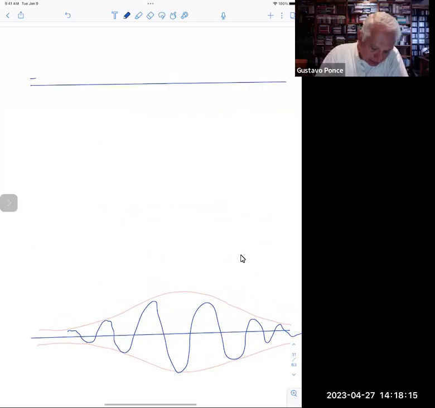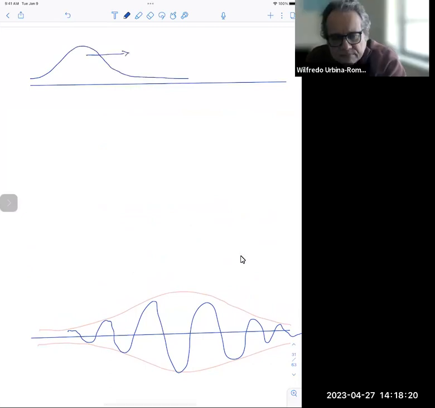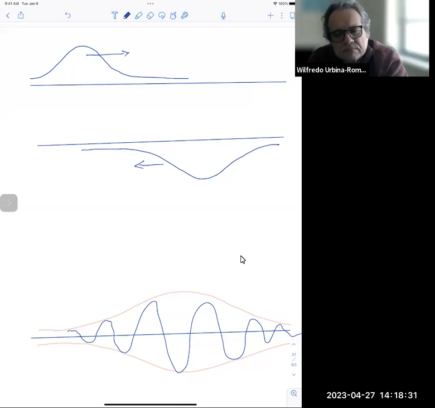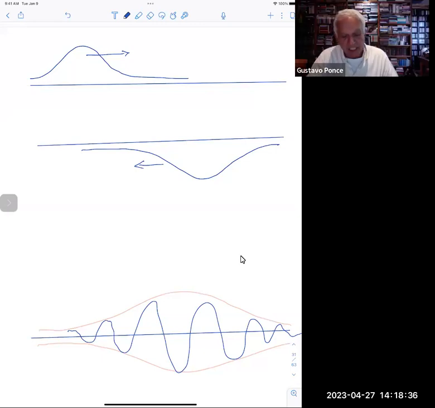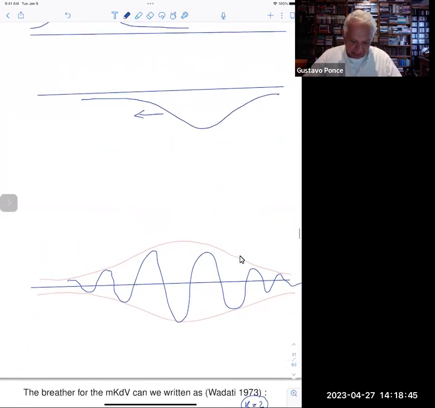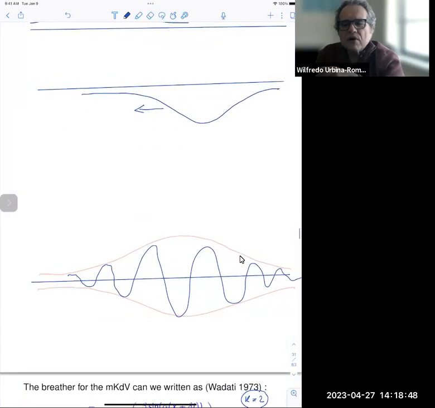Suppose that you put a traveling wave going like this, that for the KdV exists, and a negative traveling wave going the opposite way. Then one traveling to the right and one to the left, when they interact for a short time, they give you something like this.